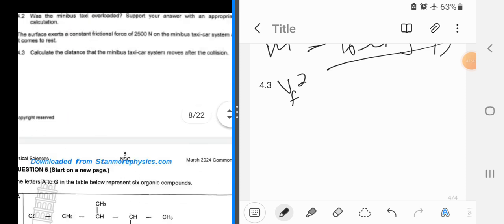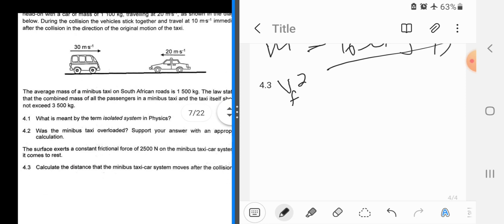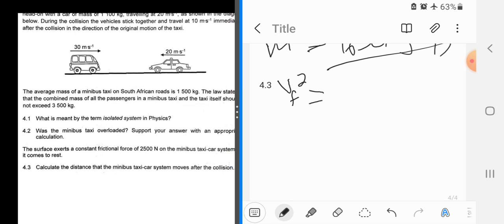So we're going to say Vf squared equals Vi squared plus 2a, x. X is displacement, which is your distance.